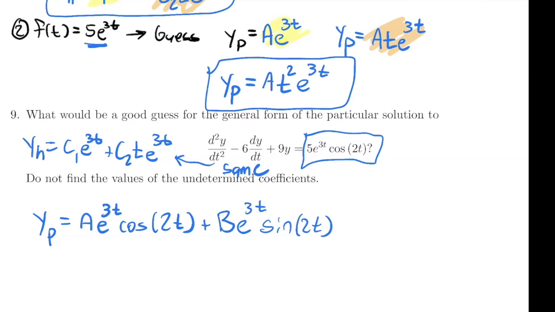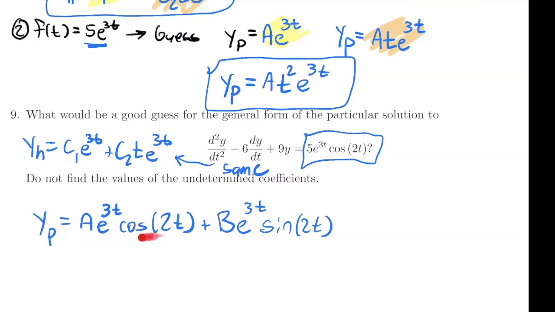And now we want to consider whether or not there's resonance. So we can take a look at this piece over here and say, do I see something like this in the homogeneous solution? Well, I have an e to the 3t over here, but this doesn't have the cosine in it, whereas this one does. So these two things would have to be the same up to a multiple of a constant.